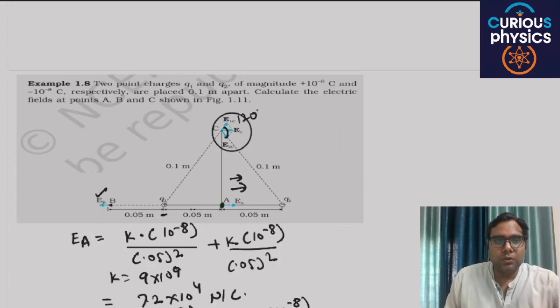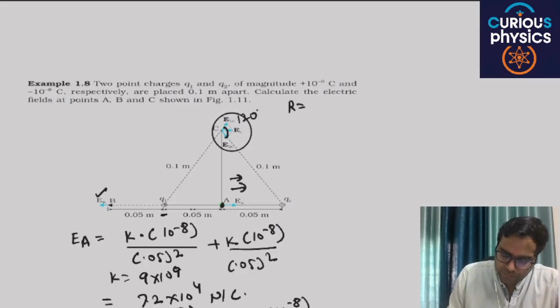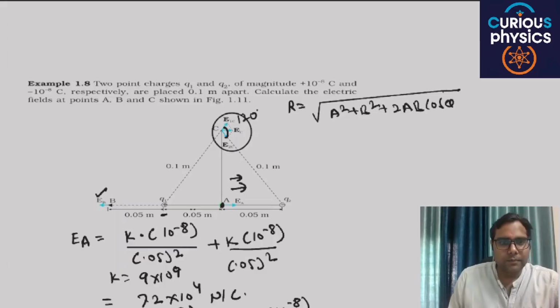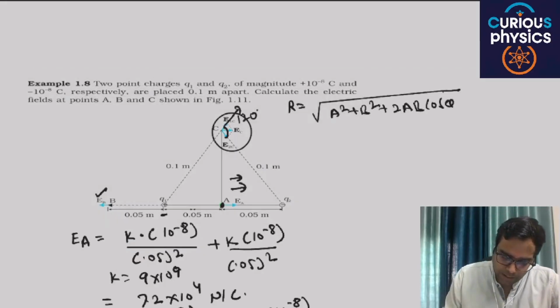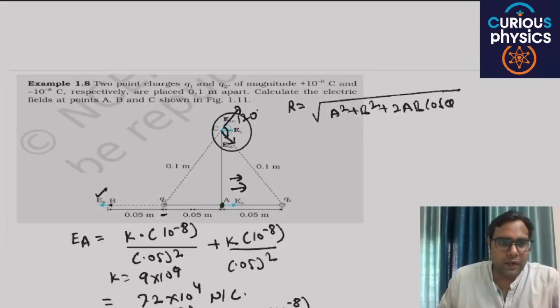If you know two vectors E1 and E2 with a particular angle theta between them, then the value of the resultant is the square root of A square plus B square plus 2AB cos theta. Here theta is 120, and A is the value of the electric field in this direction and the other one is in this direction. So you will solve this and get your answer.